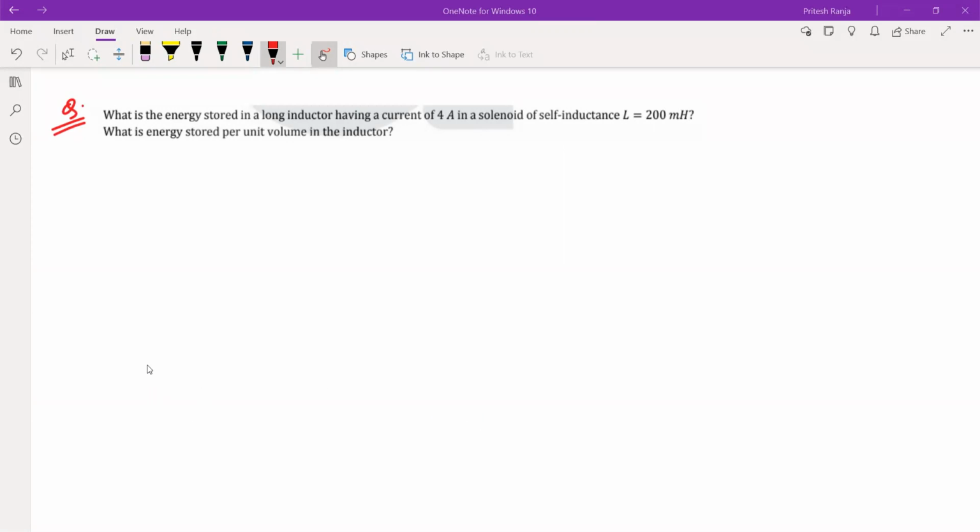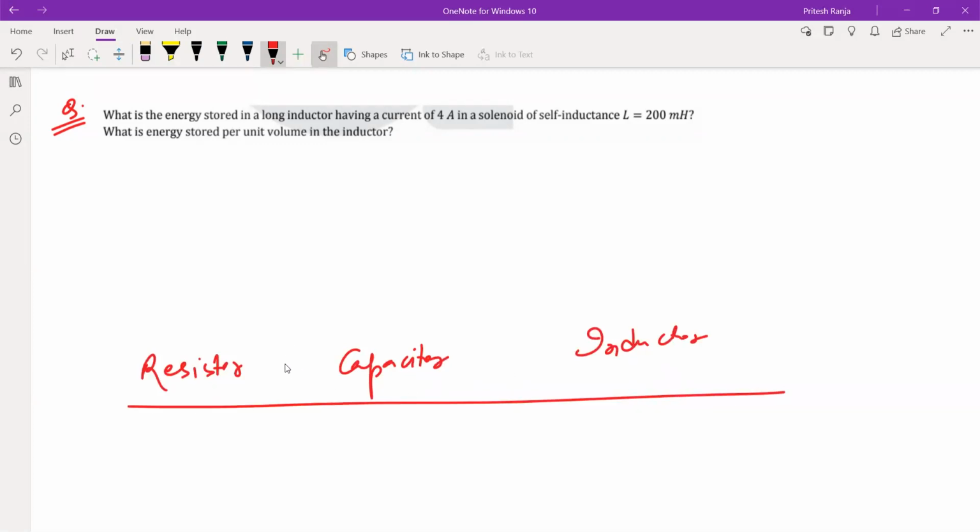Because one thing we learned yesterday, whenever we talk about resistor, capacitor and inductor, here we have V is equal to IR. Here we have Q is equal to CV. And here we have phi is equal to Li. Right? These were the basic equations.